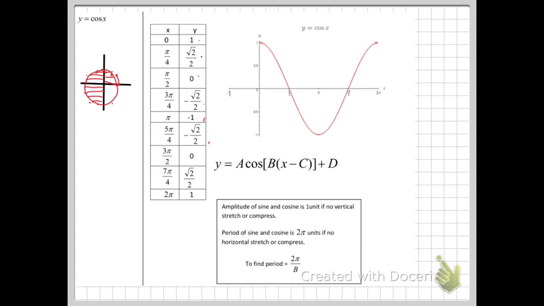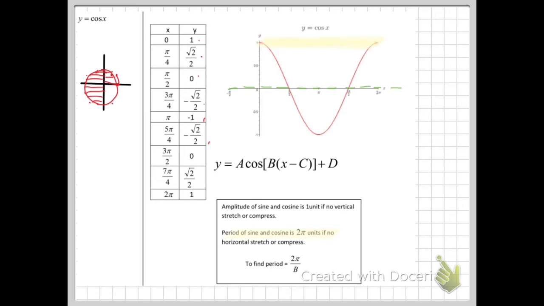Cosine has a lot of things in common with sine. One of them is that the period is still going to be 2 pi for the parent graph. And then we still are going to have that green line representing our midline. And for the parent graph, it is on the x-axis. But here is one of the huge differences.